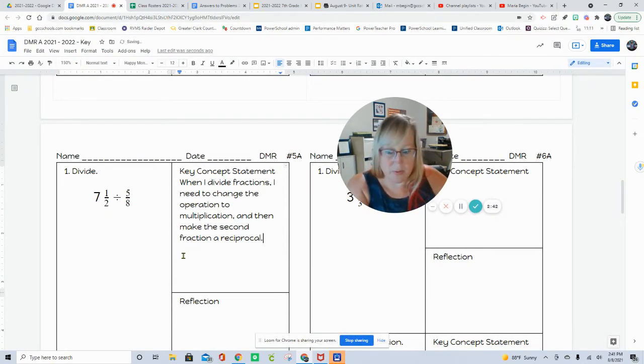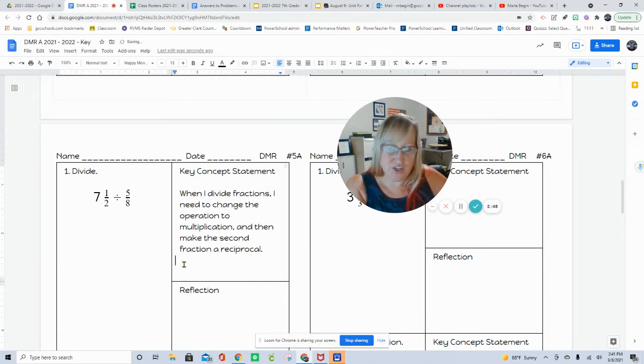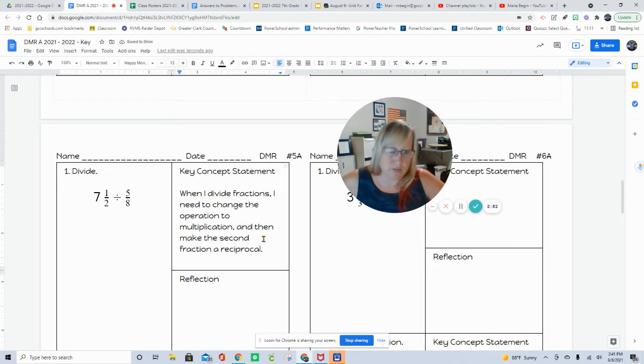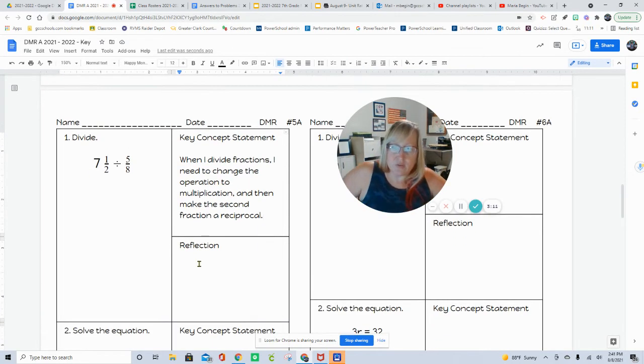So the key concept that we're working on is remembering that when we divide fractions, we need to change the operation to multiplication and then make the second fraction a reciprocal, which are cheating methods that we use. You may have learned before the butterfly method, the cross multiplication, which technically isn't right because you need an equal, or keep change flip. So they both work.